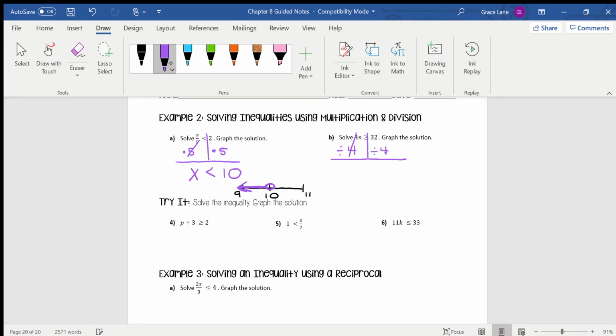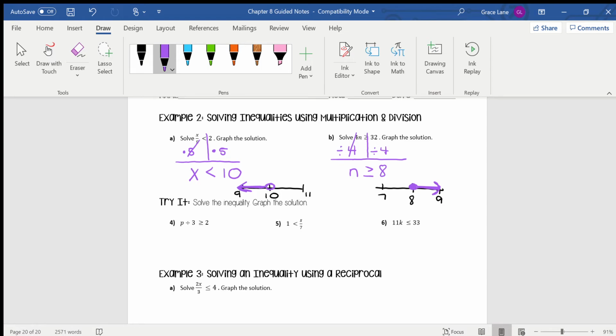Those will cancel out. So you're left with n is greater than or equal to 8. And when we graph that, you get 8. You want numbers that are greater than or equal to 8. So 8 is included, it gets colored in. Greater than is pointing to the right.